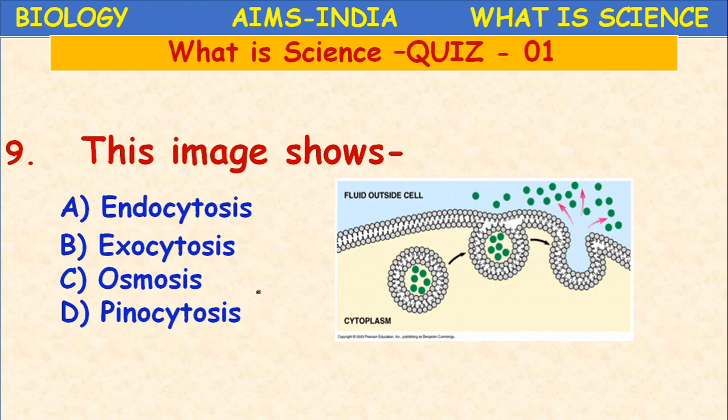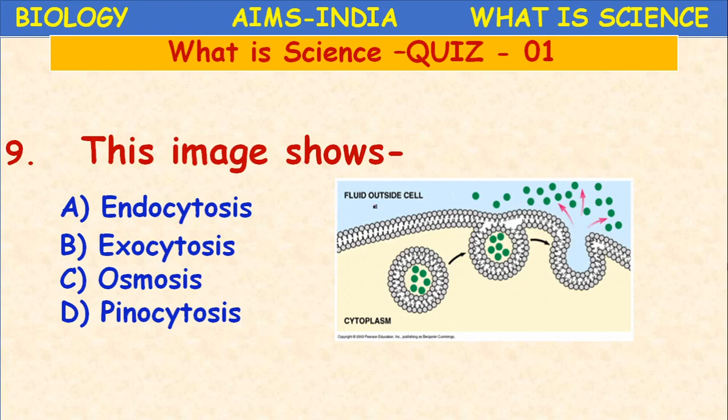Osmosis is the process where the plasma membrane, this is the plasma membrane, is involved in all these processes. In pinocytosis or phagocytosis, the membrane extends out and surrounds the particles. That process is called pinocytosis.